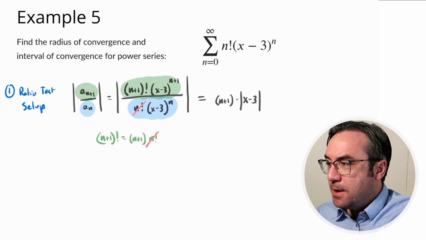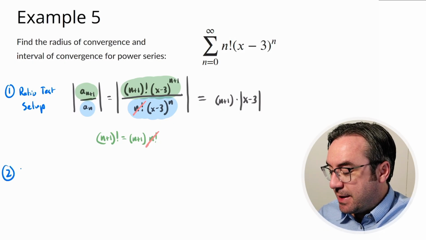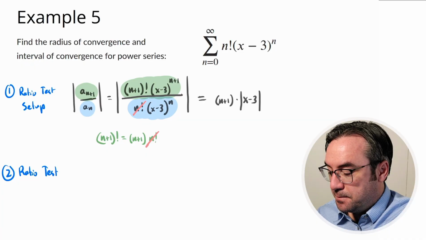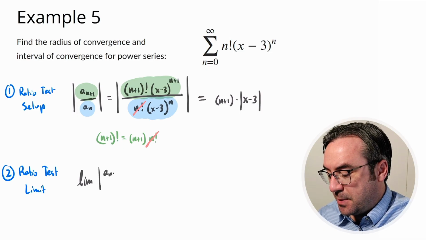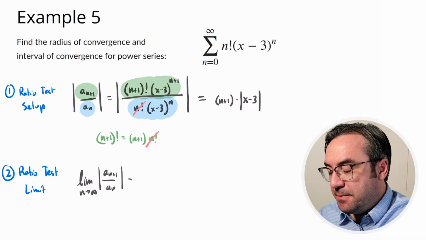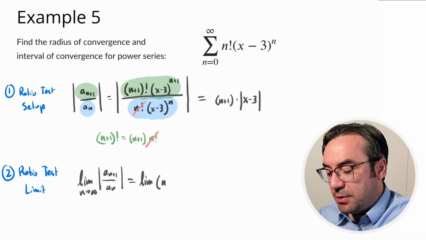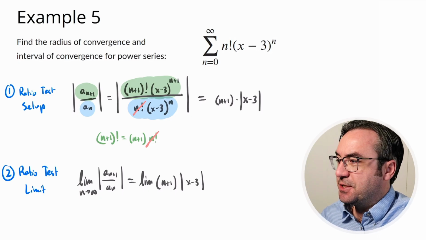So now we're ready to calculate the ratio test limit. So we calculate the limit of this gadget, and we'll use our simplified term as n goes to infinity. So we'll do the limit of (n+1) times the absolute value of x minus 3.